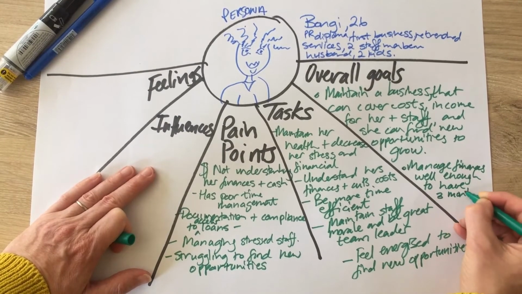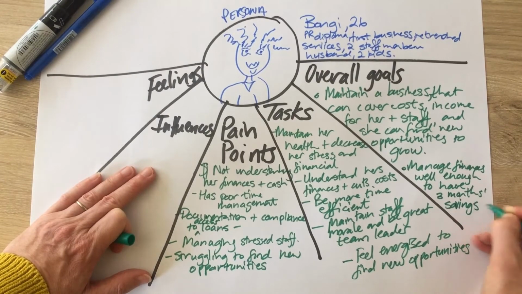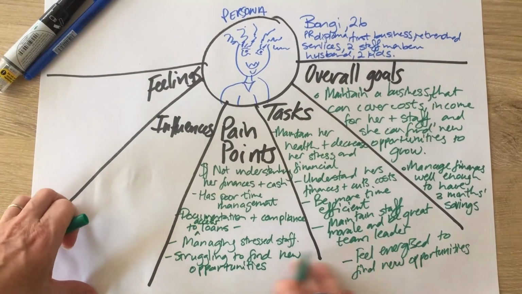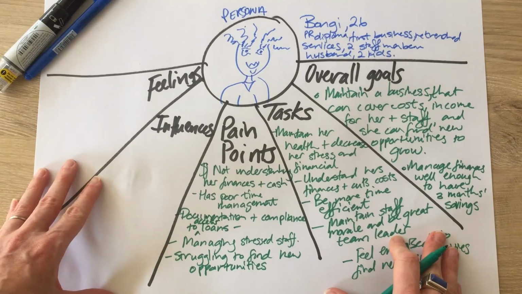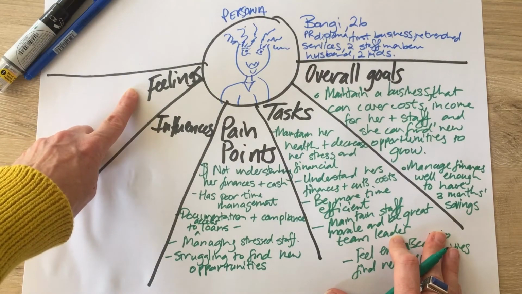This is a big goal for her because then she knows that the next time crisis hits, she's got a little bit of a buffer and a cushion. So those are her big overall goals, and they tie into her tasks, which tie into her pain points as well. Now let's move over to how she's feeling about all of this.